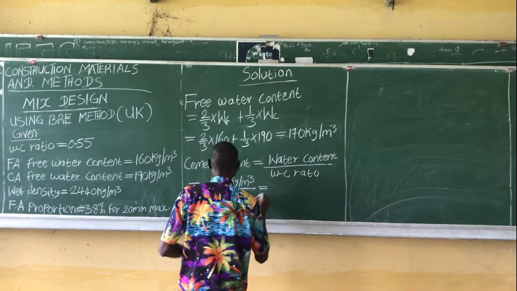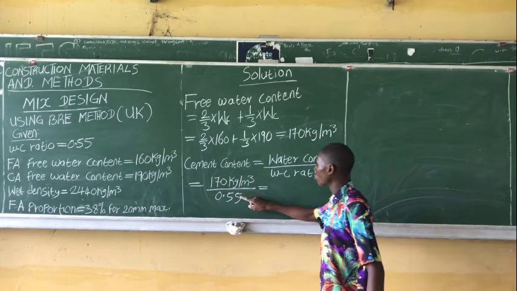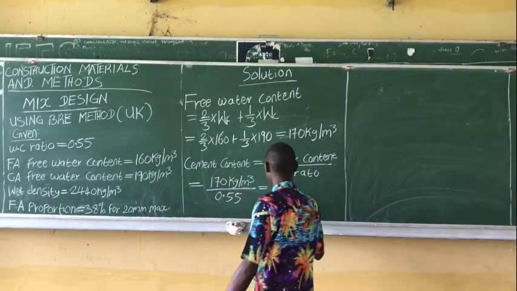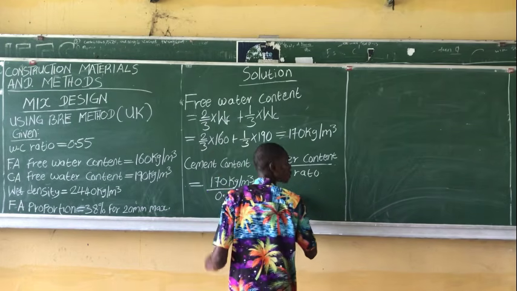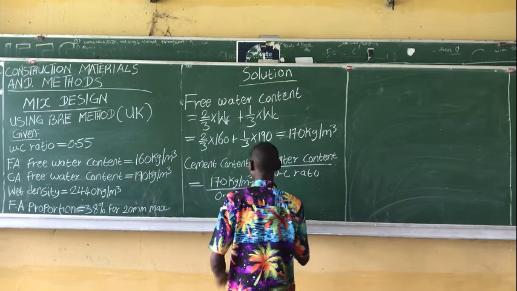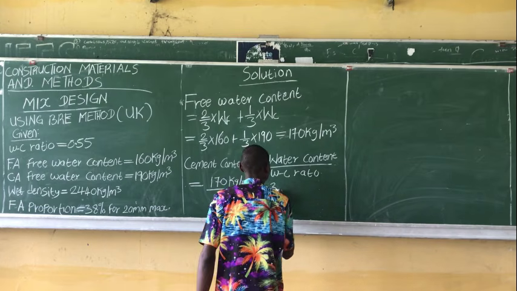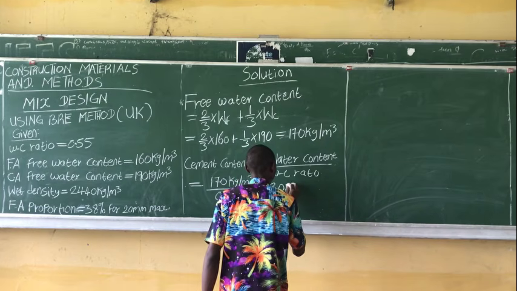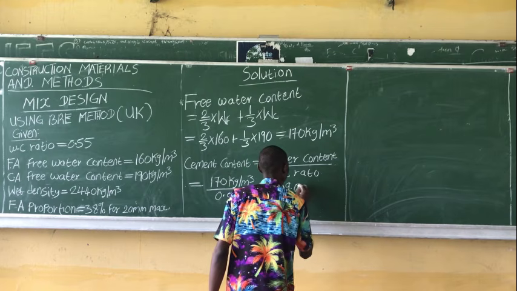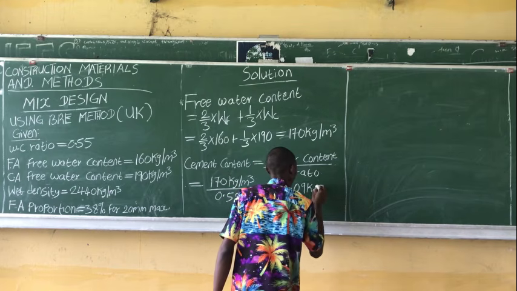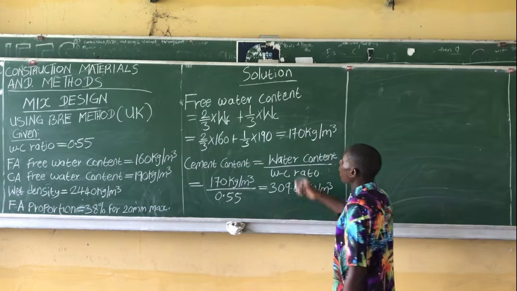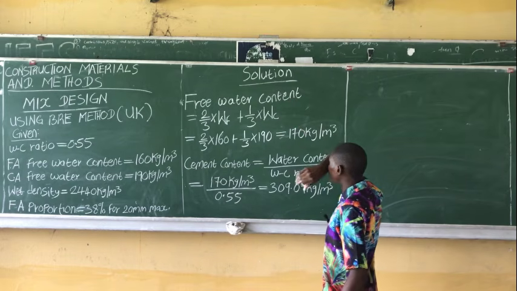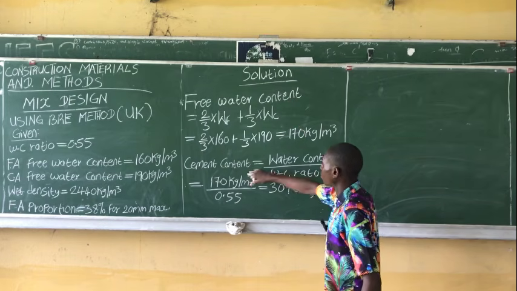So 170 divided by 0.55 will give us 309.09 kilogram per meter cube.